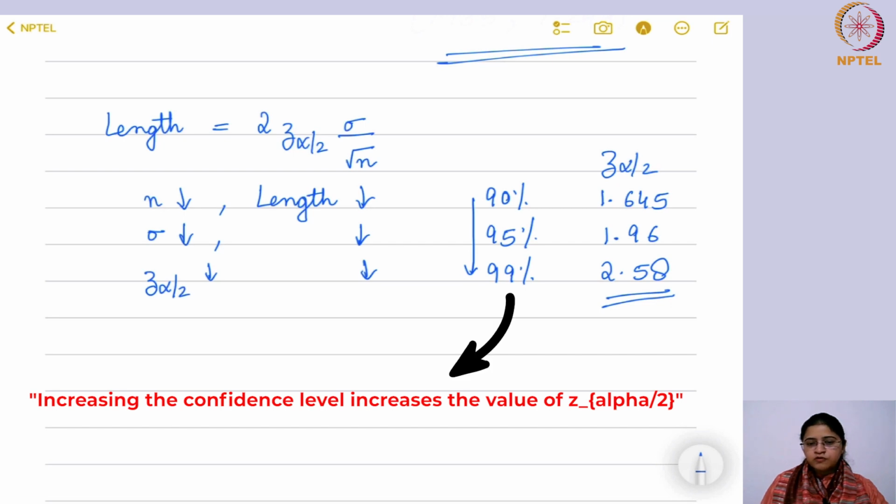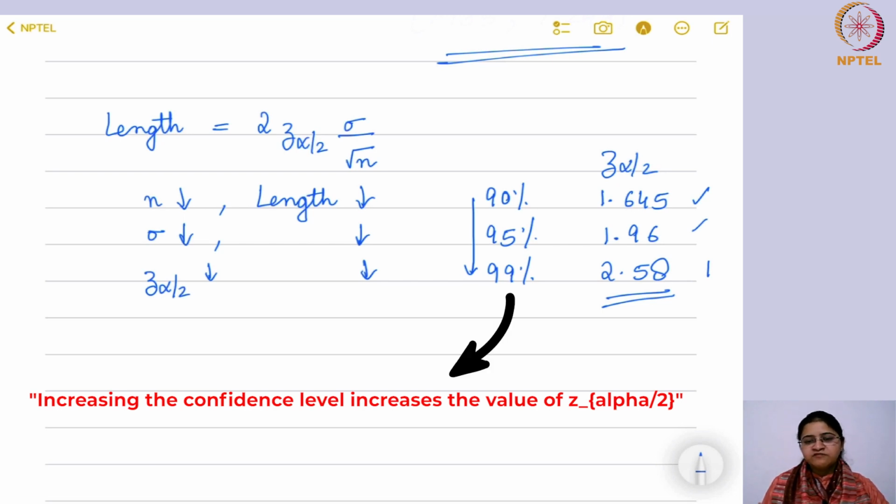So I want to decrease z alpha by 2. It means I need to consider 90% or maybe 95% as opposed to 99%. But if you remember, we said that if I am more confident about a certain thing, it would make more impact, right?